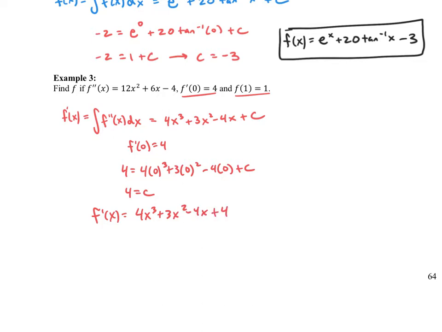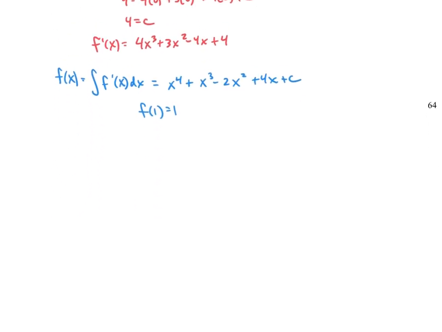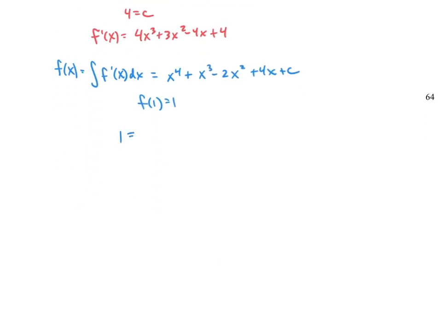Okay, and then we're going to do the same thing, except this time we're going to calculate the function by taking the antiderivative of f prime, and we get x to the 4th plus x cubed minus 2x squared plus 4x plus c, and we'll use our condition that f of 1 is equal to 1. So we have 1 equals 1 to the 4th plus 1 to the 3rd minus 2 times 1 squared plus 4 times 1 plus c.